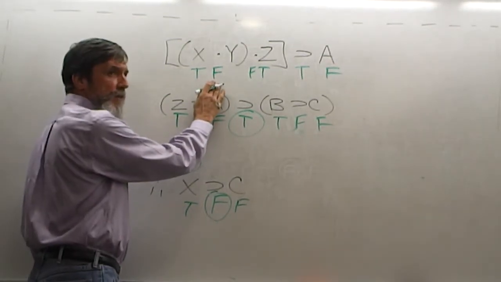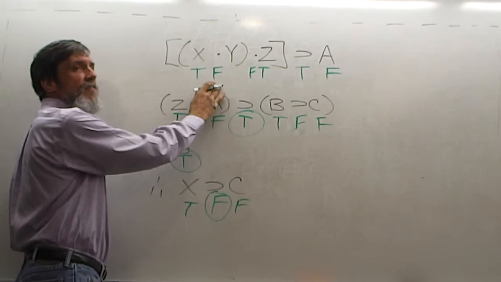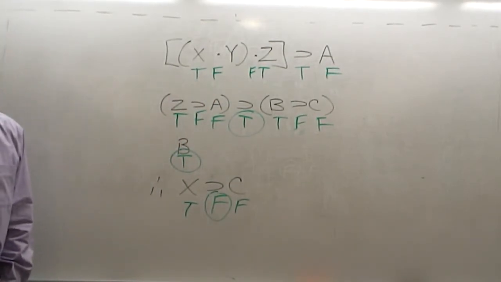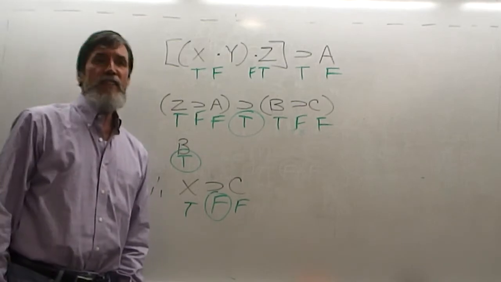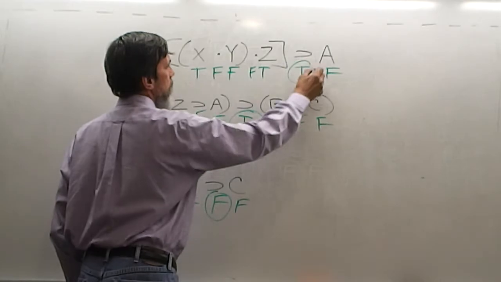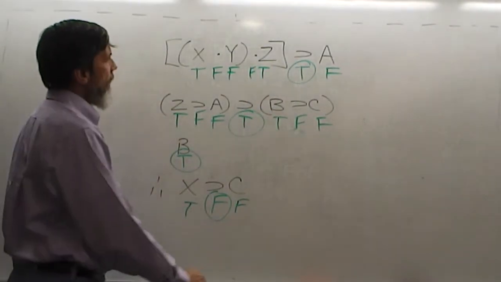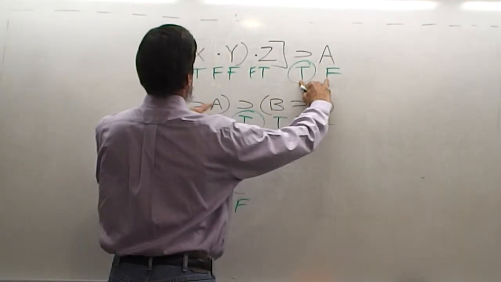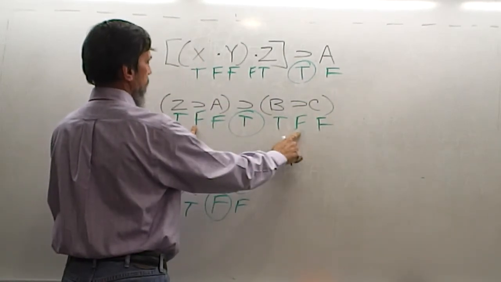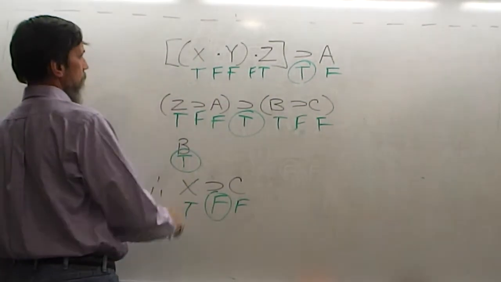I'm trying to preserve now a false dot, the left-hand conjunct of which is known to be true. So that right-hand conjunct had better be false. Boom. Does everything add up? That's good.